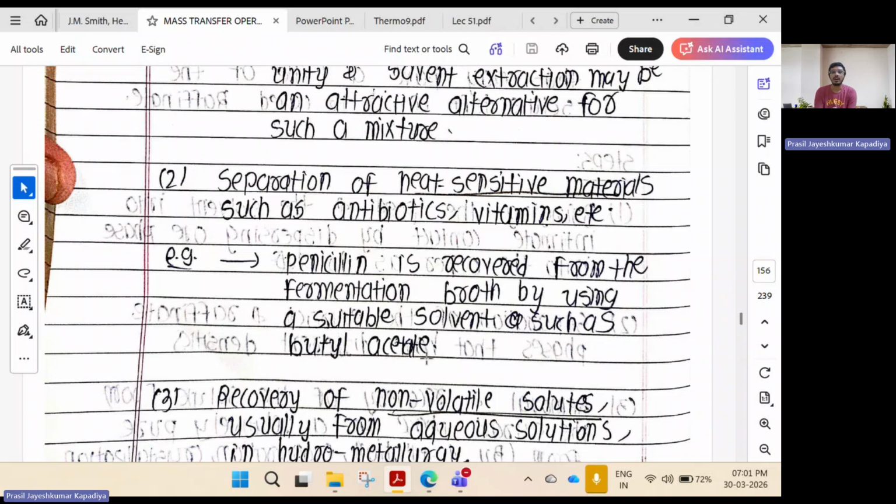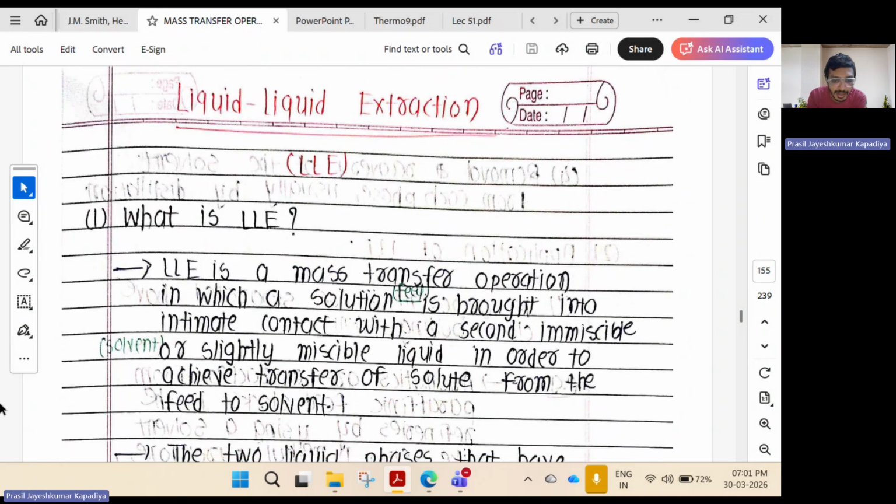So let's say I'm having penicillin in some compound, let's say C. So I need to extract penicillin from C. What I will do is contact it with another component, butyl acetate, which is also liquid and which is immiscible with this C. So what is going to happen, based on the concentration, based on the chemical potential gradient, penicillin is going to get transferred into the butyl acetate phase. Okay, so this is the example to understand liquid-liquid extraction.